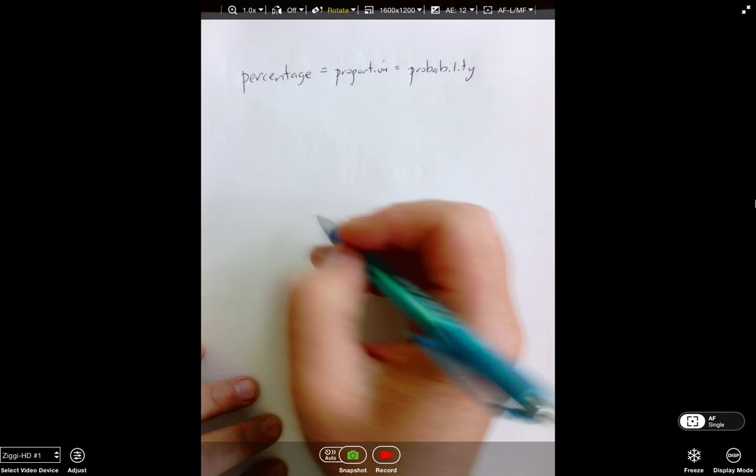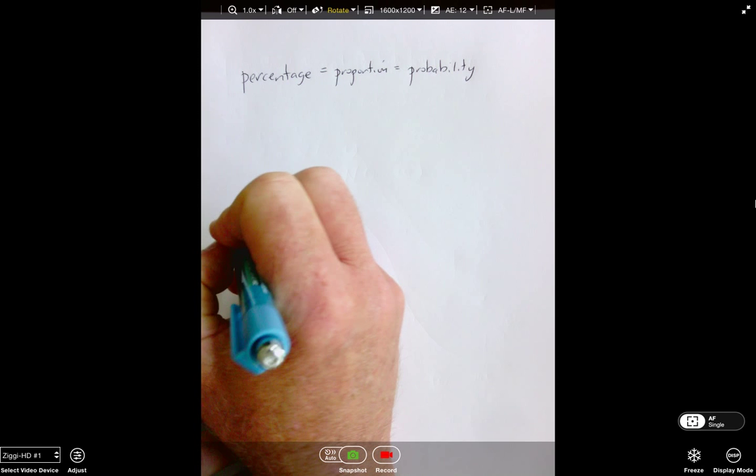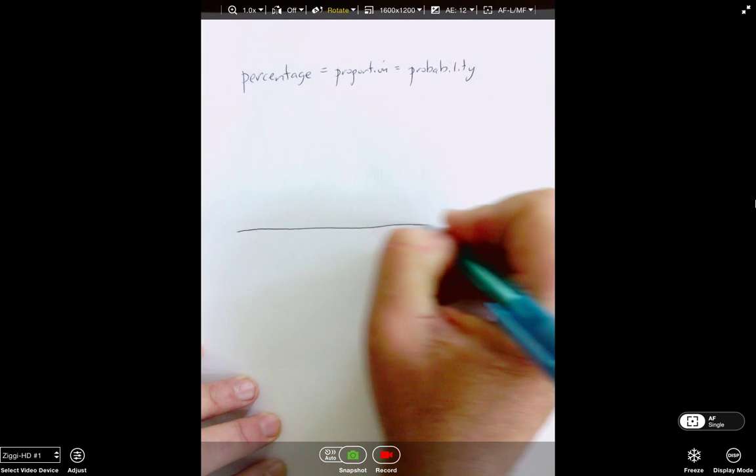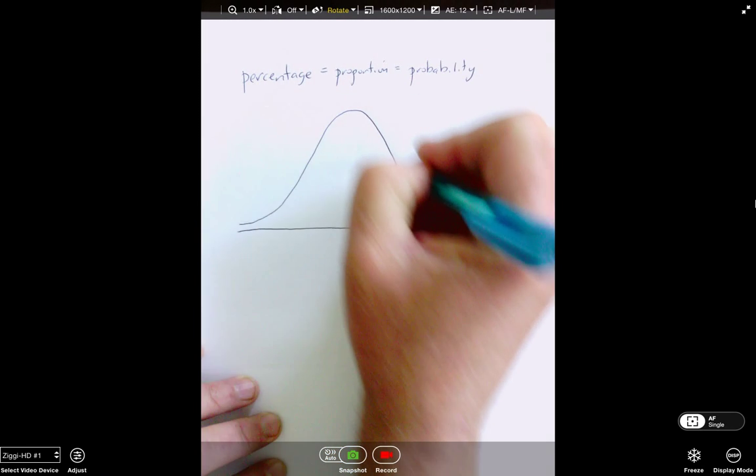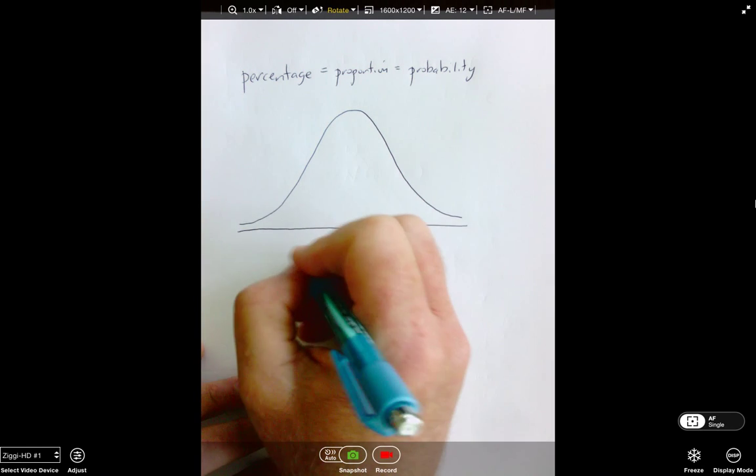What we're talking about in terms of this is really just according to the way that we work the problem. So let's say, for example, let's just focus on the standard normal distribution.